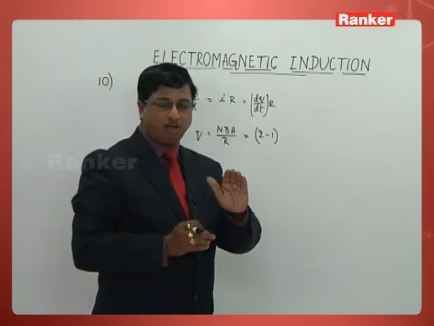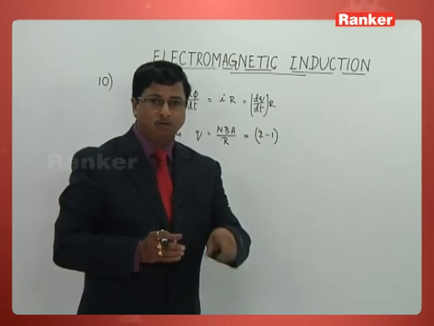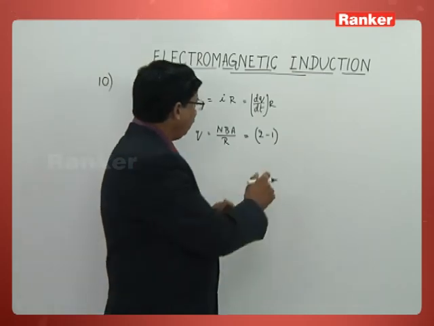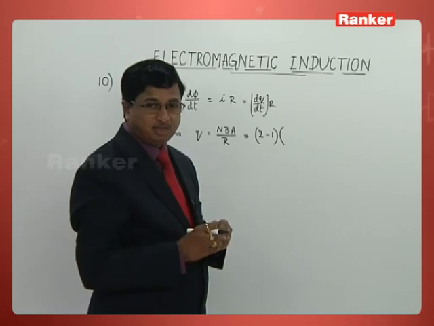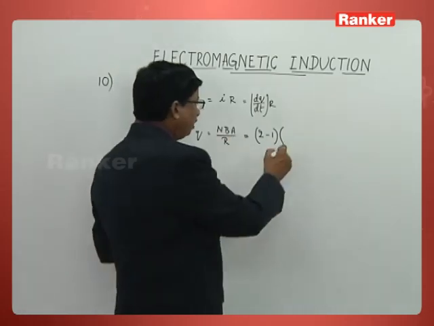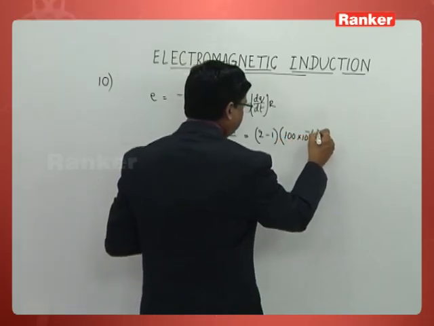Now when the power has failed, it has come down to 1 Tesla. The area of that necklace has been given very clearly as 100 centimeters square. So write 100 into 10 power minus 4 meter square.